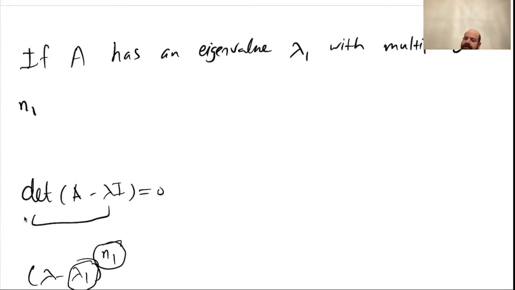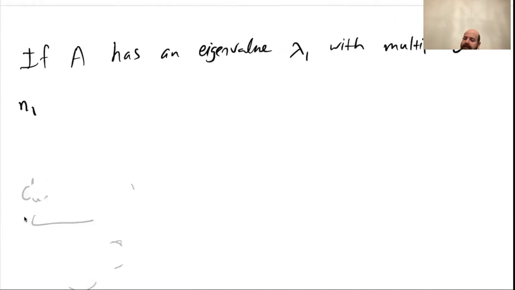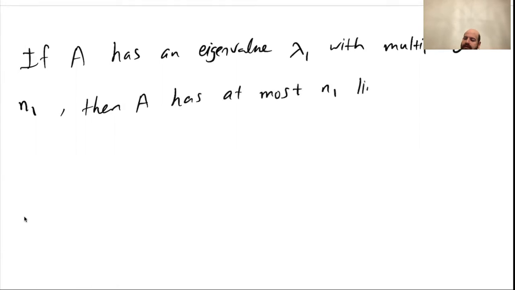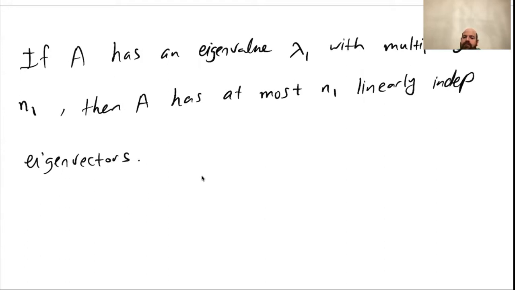Now, if A has an eigenvalue lambda 1 with multiplicity n1, then A has at most n1 linearly independent eigenvectors, and at least one.